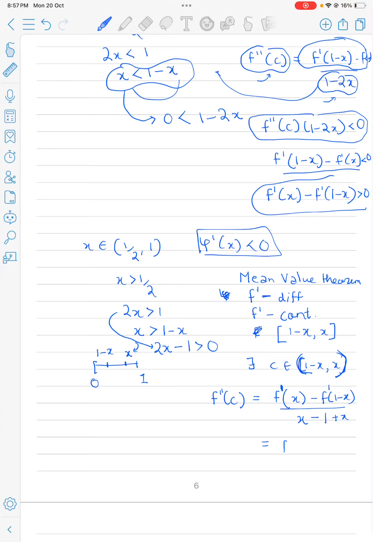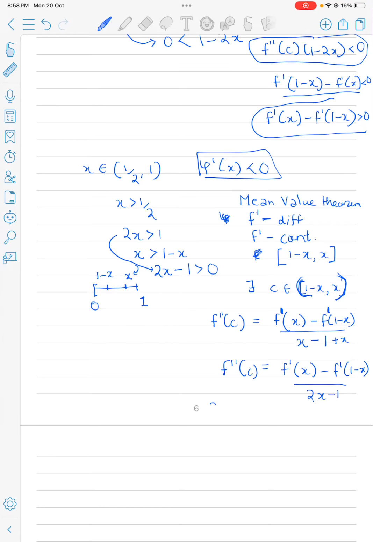I ignored, let me make this correction. This is f dash. So you will get f dash 2x minus f dash 1 minus x over 2x minus 1, equal to f double dash c.